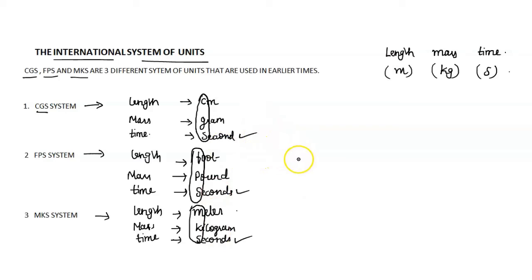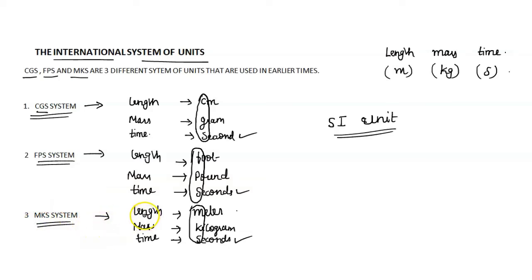of units. So the system of units which is at present internationally accepted for measurement is SI units. In different parts of the world, scientists used three different systems of units. In some parts, scientists used CGS system, in some parts FPS system, and in some cases MKS system.